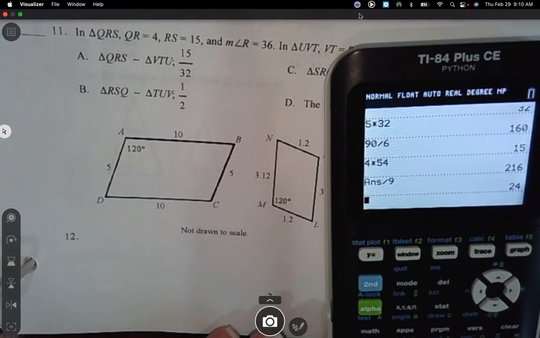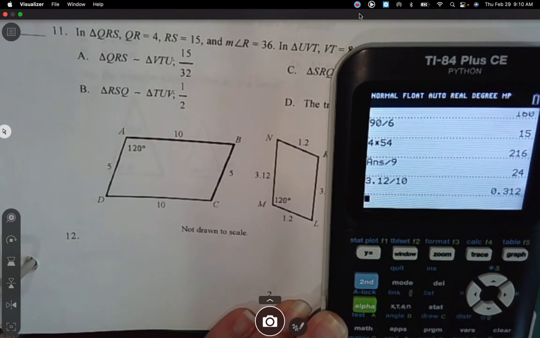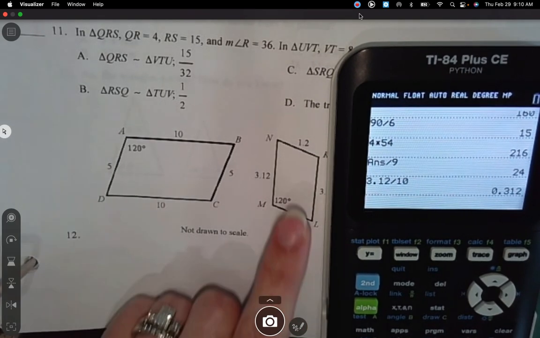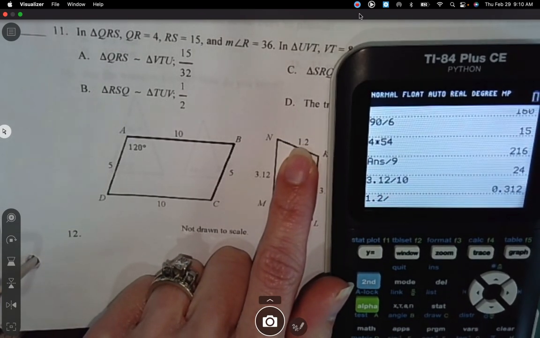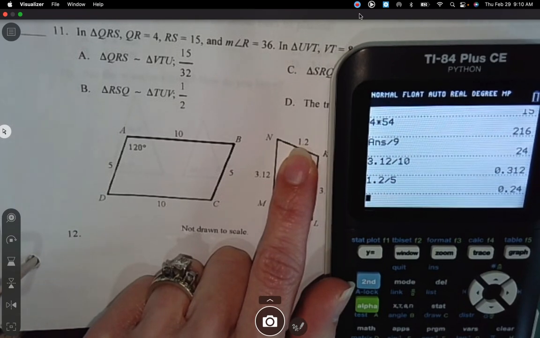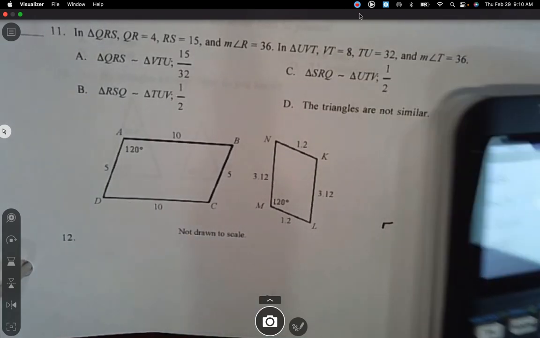So the 3.12 with the 10, and I'm just going to divide that. There we go. What's the other numbers that go together? 1.2 goes with what? Goes with 5. Do I get the same thing on that one? No. So is that one going to be similar?